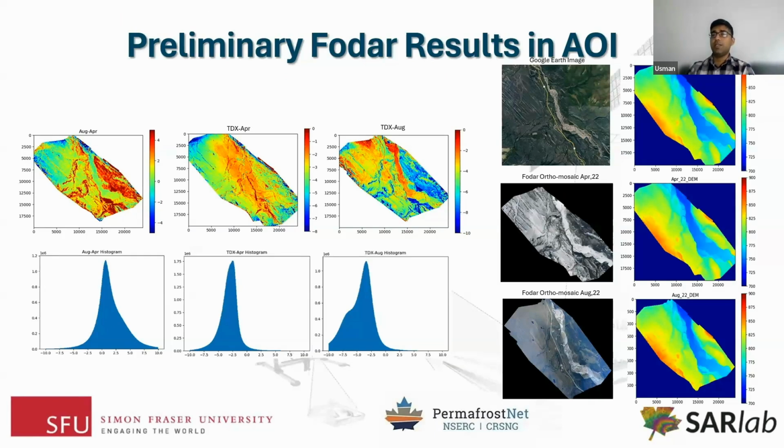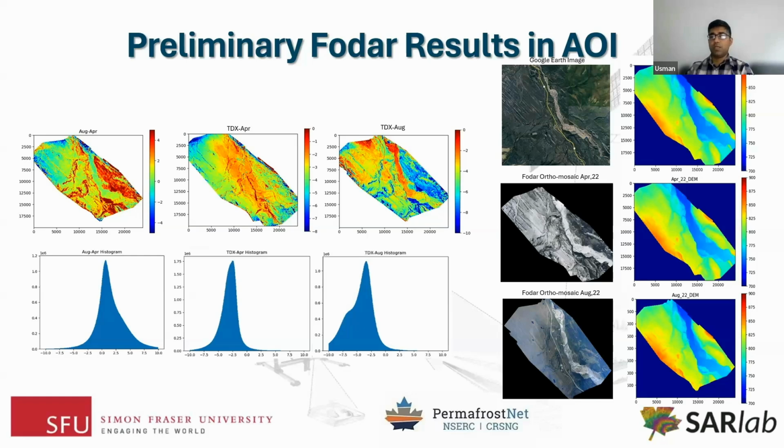Once we had established our 4-DART system performance and accuracy, we moved on to the area of interest, and we tried to compare the data sets that we collected with each other. Here, the comparison is shown between one data set taken in April versus one taken in August. We assumed, and as I've advertised as well, that since we have eliminated the use of ground control points, the absolute georeferencing of the images would help us georeference the DEMs, and they should be accurate.